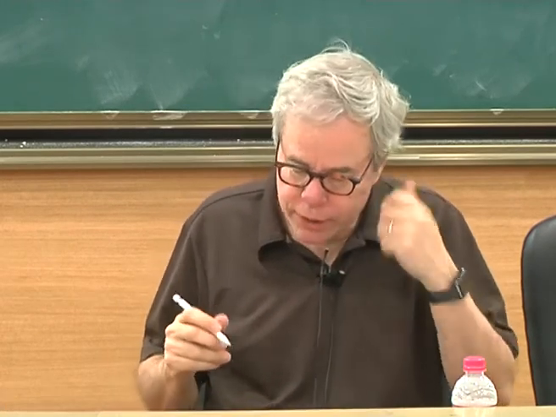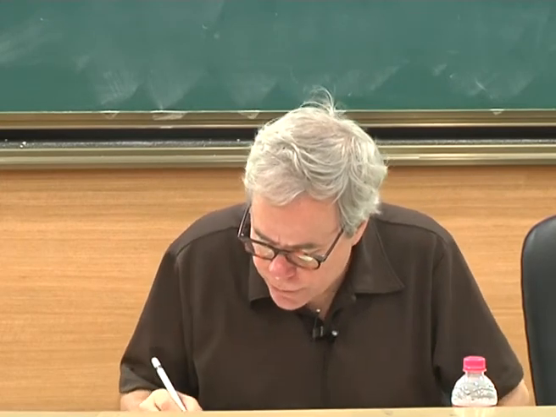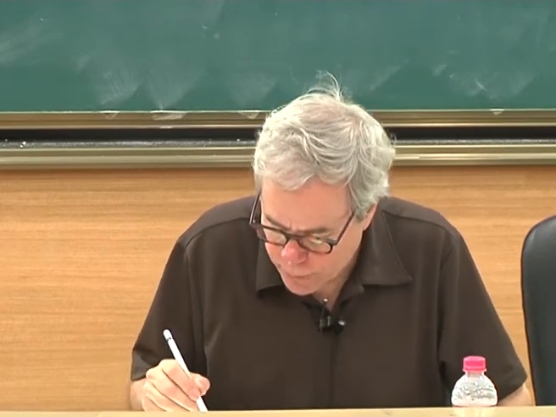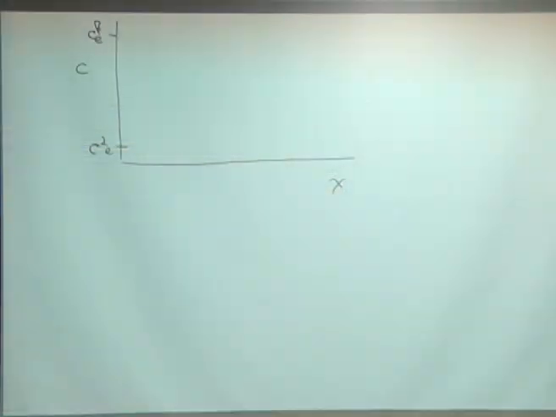So I want to return now to what these composition profiles look like. You notice I sketched this one here, but I want to blow it up a little bit. You start with small fluctuations.